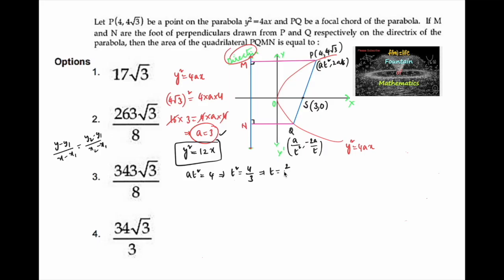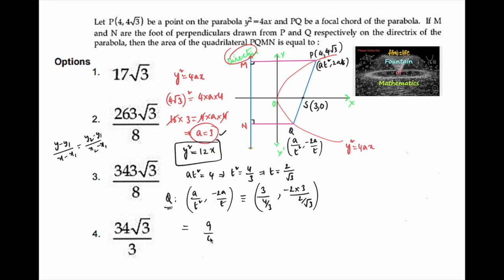That is t is equal to 2 upon root 3. So therefore, the point Q we can write as (a by t square, minus 2a upon t), which is equal to, so a is 3 divided by t square, which is 4 by 3, comma minus 2 into 3 divided by 2 by root 3.